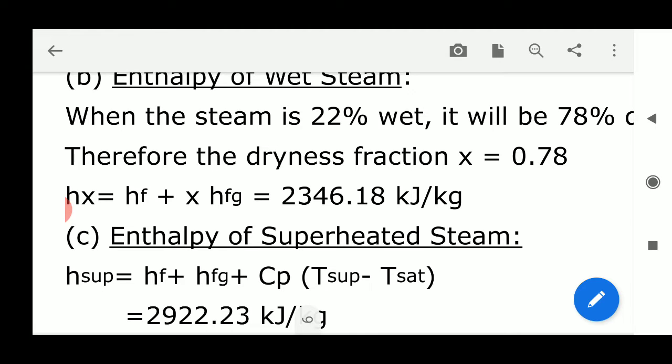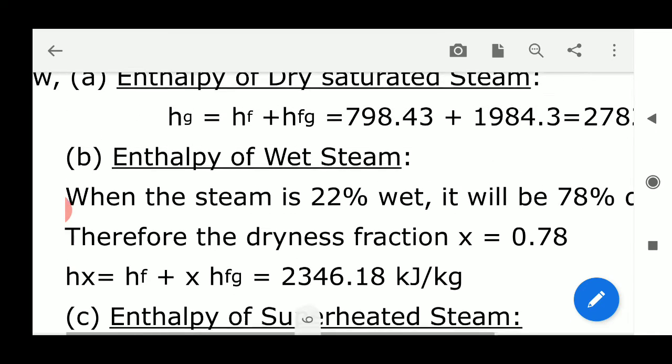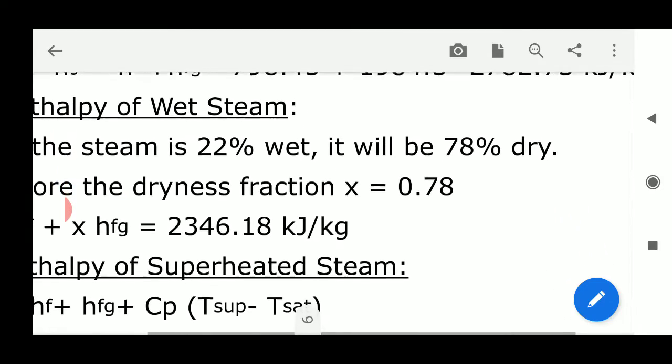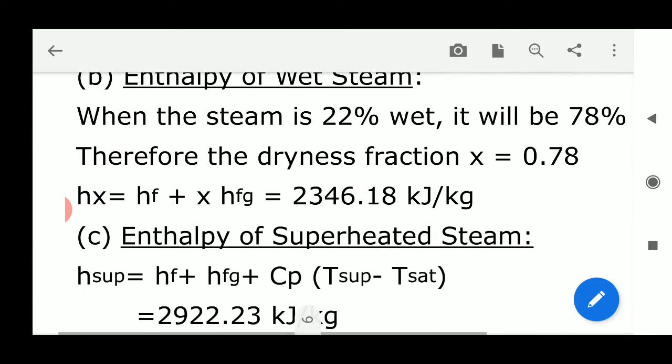The enthalpy of superheated steam is 2922. It is higher than the wet steam as well as dry saturated steam. That means as the steam is superheated, its enthalpy, heat content, will be higher. That means its energy content will be higher, so it can produce more work.